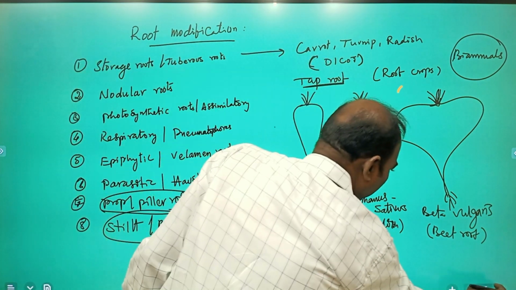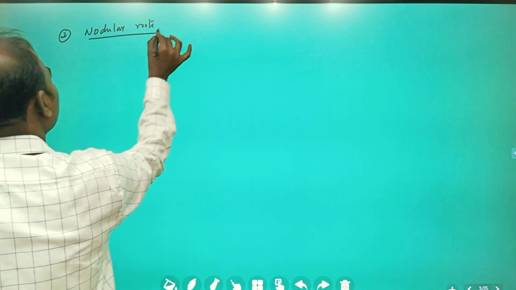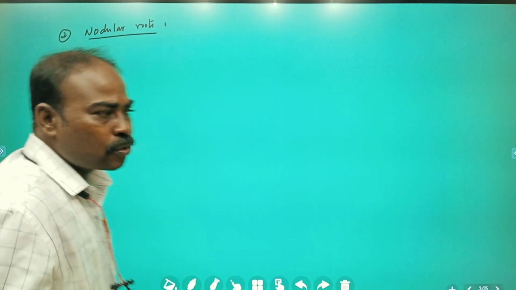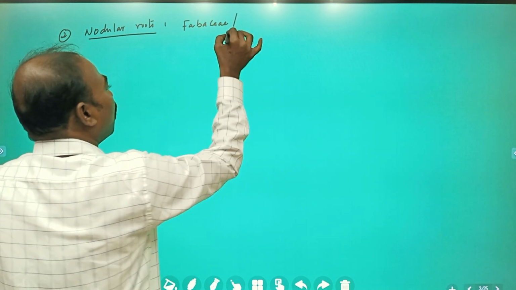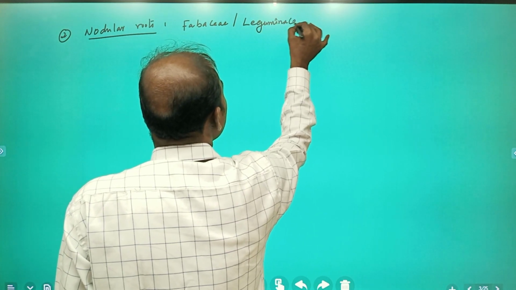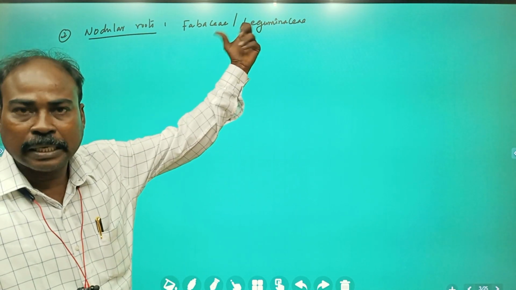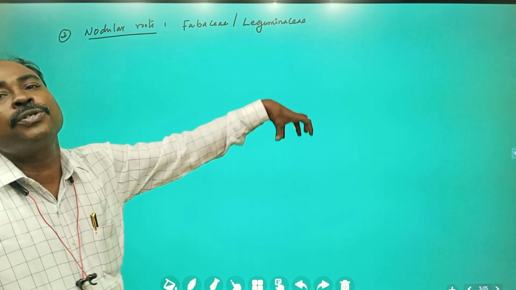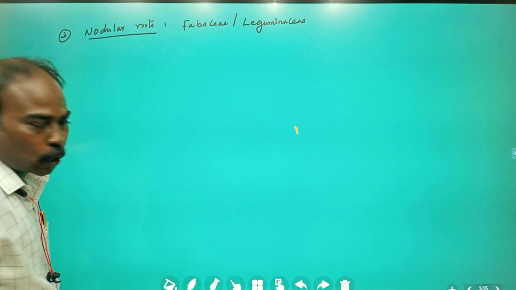Then secondly, about nodular roots. In the plants belonging to Fabaceae or Leguminosae members, all the plants belonging to this family have taproots because they are dicots.